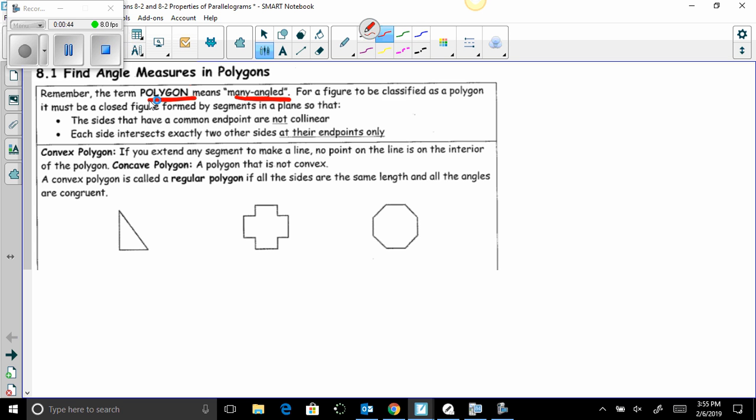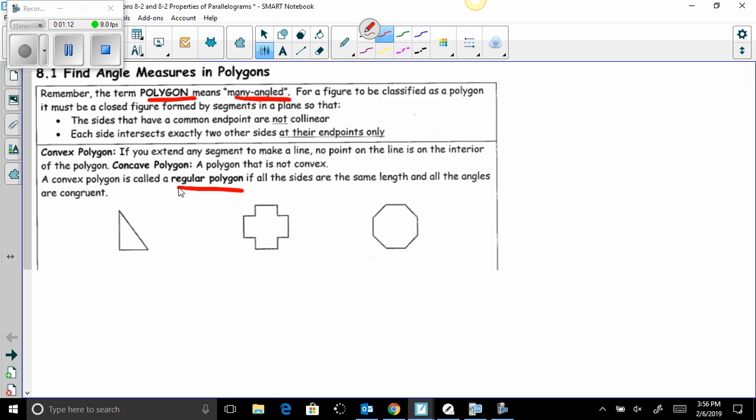A convex polygon: if you extend any segment to make a line, no point on the line is on the interior of the polygon. Whereas a concave polygon is a polygon that is not convex, obviously. A convex polygon is called a regular polygon if all the sides are the same length and all the angles are congruent.